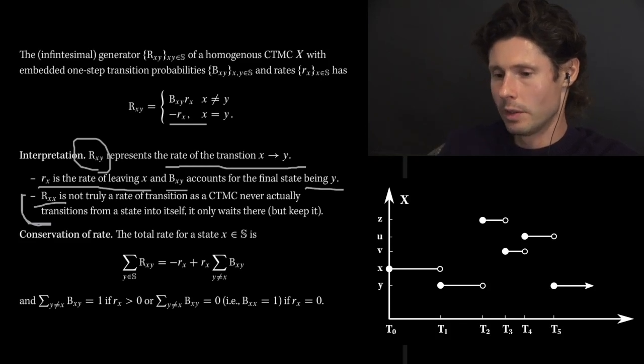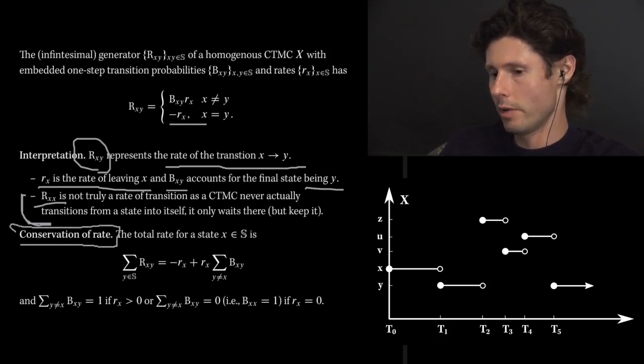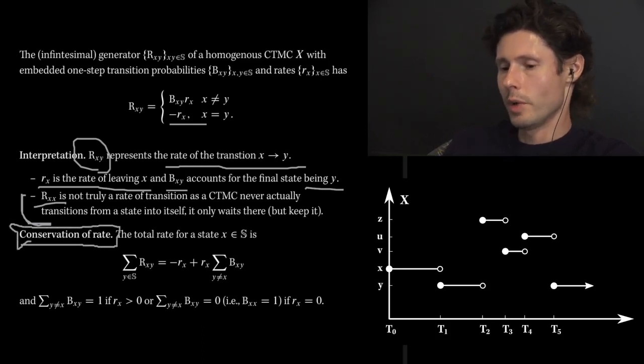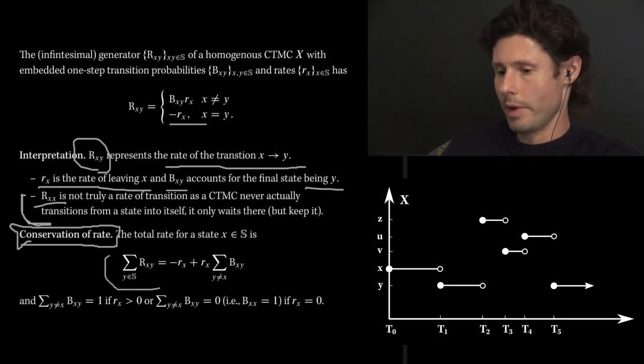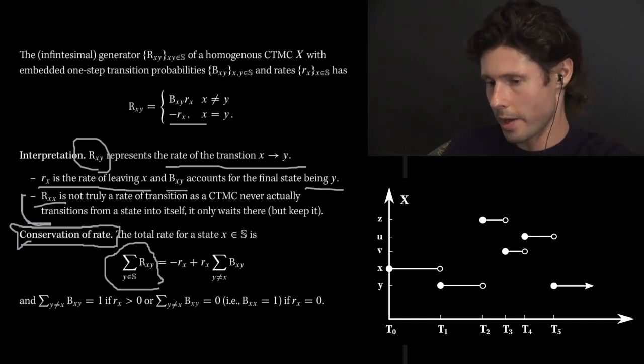So what we can do now is come up with this conservation of rate law for the generator. What is conservation of rate? We're going to sum up the rates, much like we summed up one-step transition probabilities to get 1. We're going to sum up these rates over all states y.